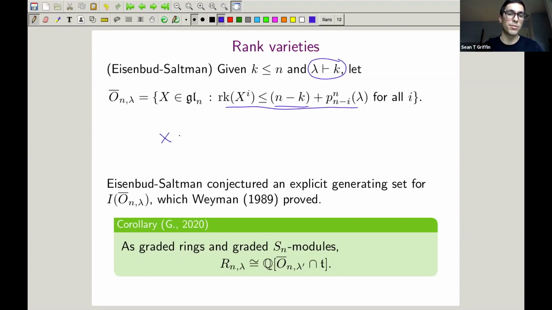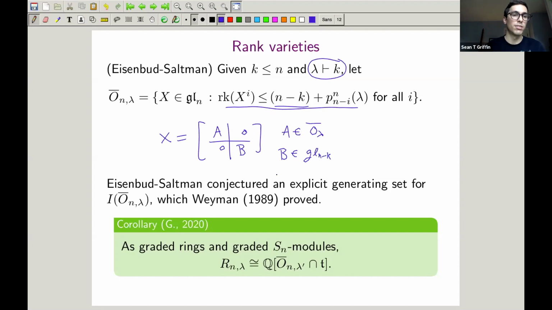As an example of an element in this variety, you have diagonal block matrices, where A is in O lambda bar, and B is any n minus k by n minus k matrix.